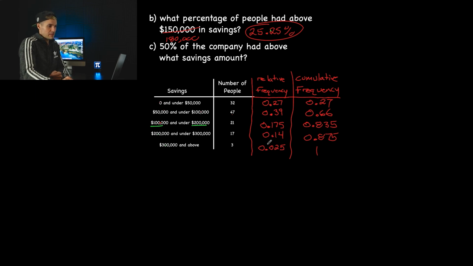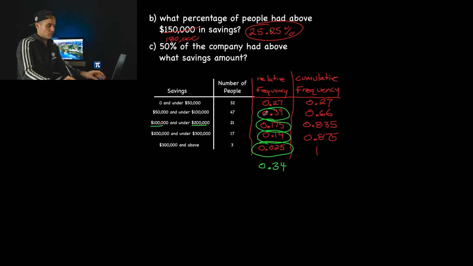Well, definitely these guys here, and over here. Notice that if you sum all of these up, this is going to end up giving you 0.34. Okay, and then we can't just include all of these people here, because 0.34 plus 0.39 is going to be above that 50%, right?